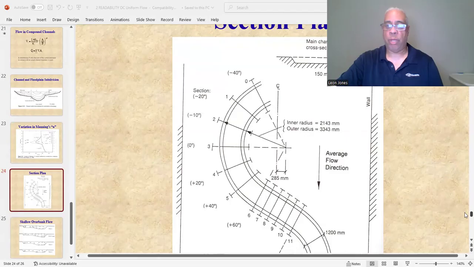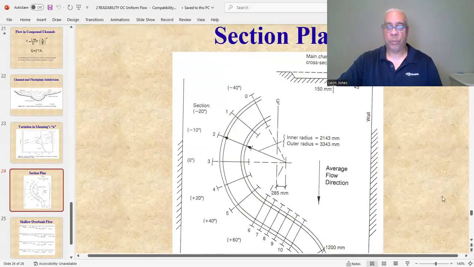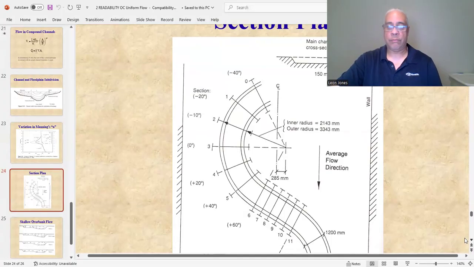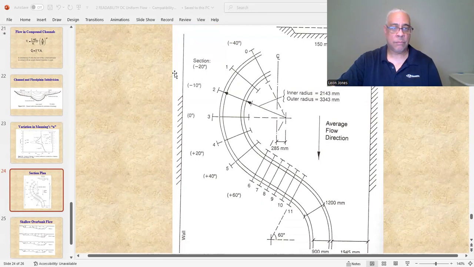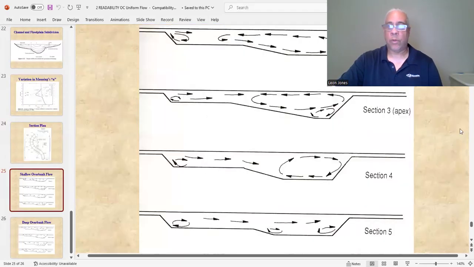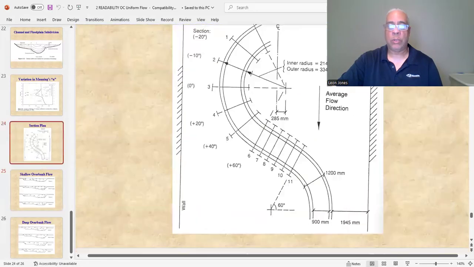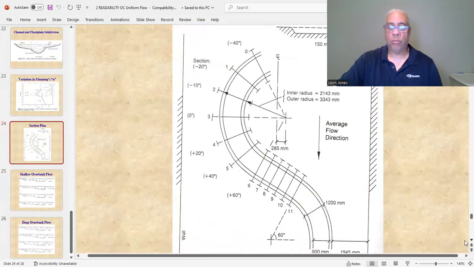Again, here's a section plan. And this is if you were designing it. Okay, and there's your overbank flow.